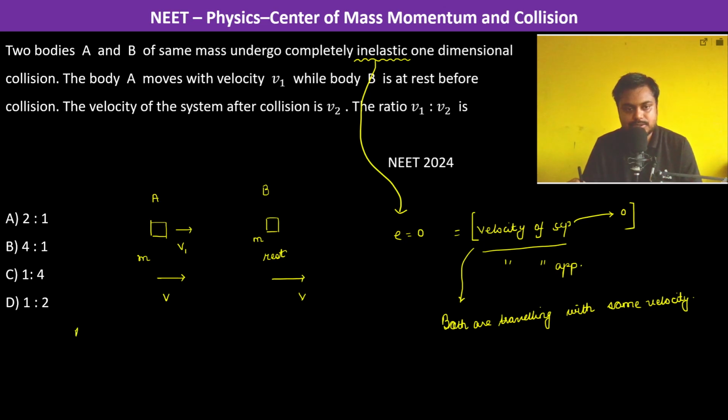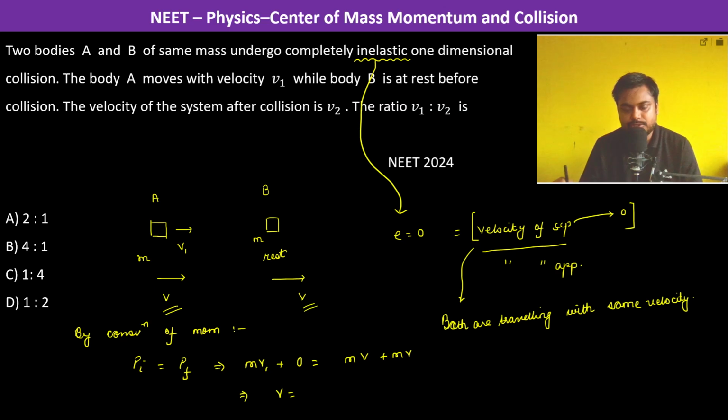Now by the conservation of momentum, initial momentum is equal to final momentum. So mv1 plus, the B body was at rest, so 0, is equal to mv plus mv, because both of them are traveling with the same velocity.